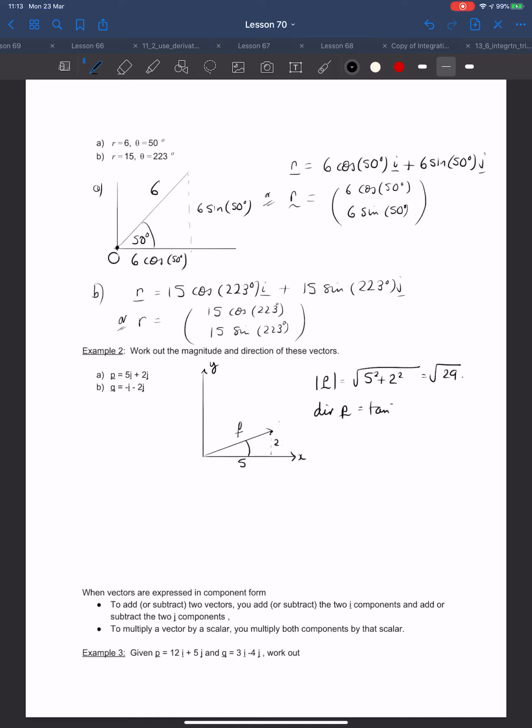So we say theta there is tan inverse of 2 over 5, shift inverse tan 2 over 5, 21.8 degrees. Okay, now b, that one's a, b is minus i minus 2j.